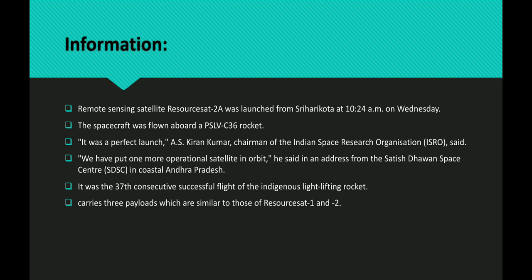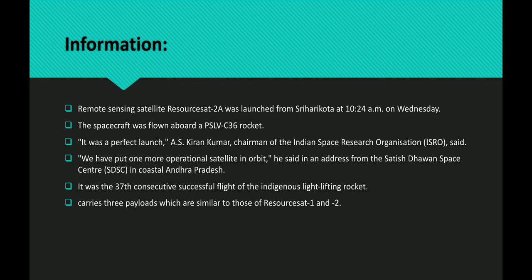Then we see the information about this satellite. It is a remote sensing satellite, ResourceSat-2A. It was launched from Sriharikota at 10:24 am on Wednesday. The spacecraft was flown aboard the PSLV C-36 rocket. It was a perfect launch, as Kiran Kumar, chairman of Indian Space Research Organization, said.